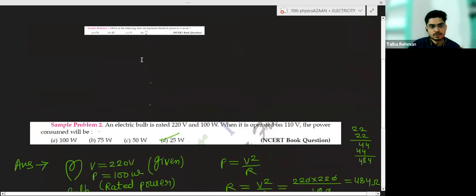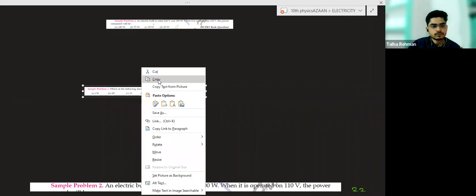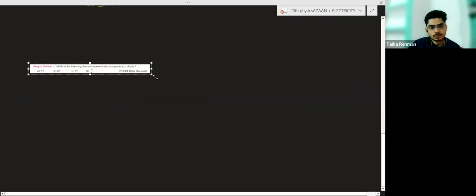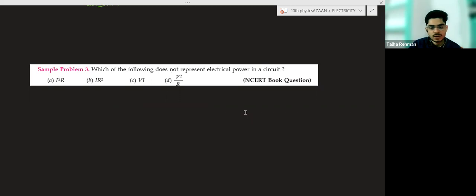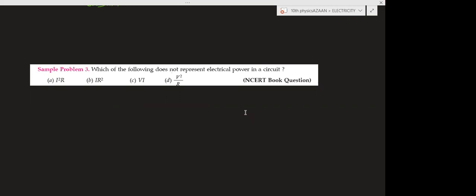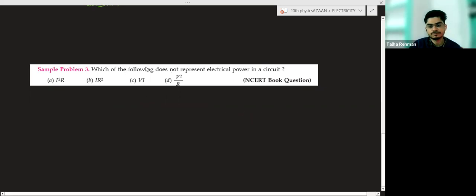You can take this question also. Which of the following does not represent electrical power in circuit? Tell me the answer. Very easy. Three formulas, no?